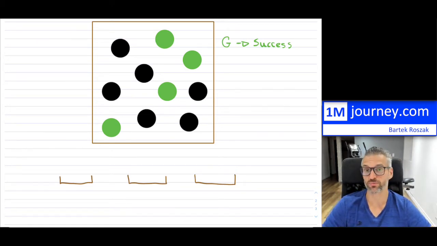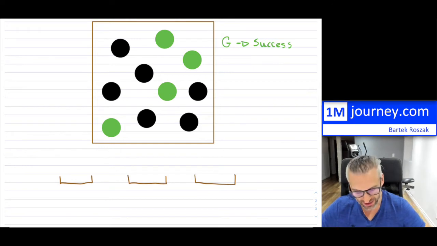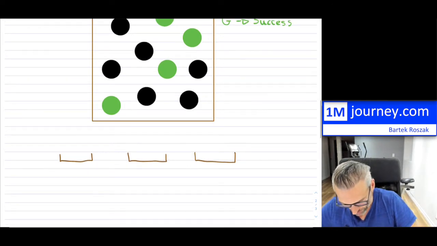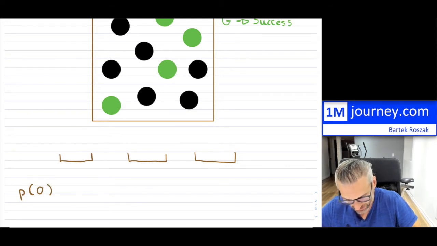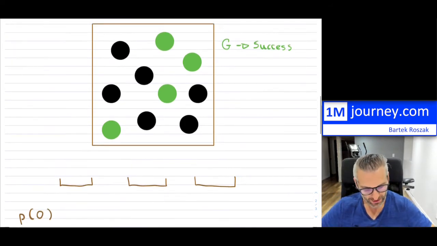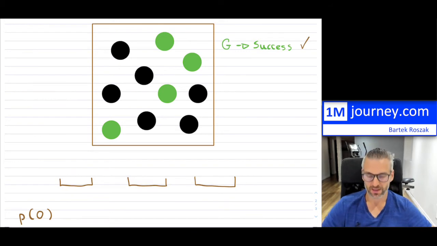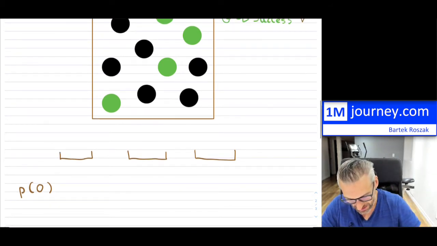That shouldn't surprise us from counting or learning about probabilities. So if we're going to pick 3 balls, let's say I ask, what is the probability of picking 0 green balls?